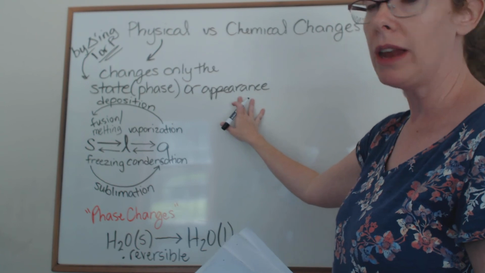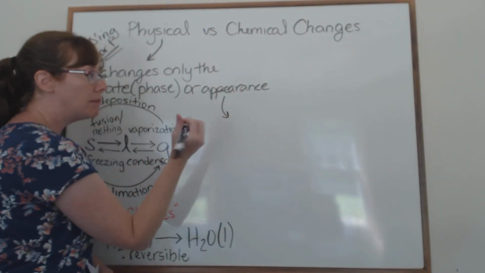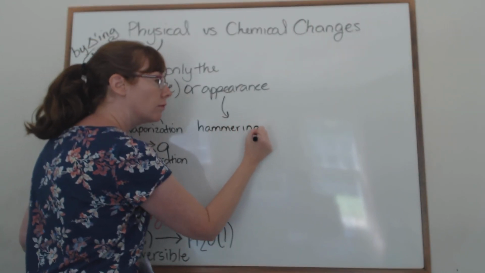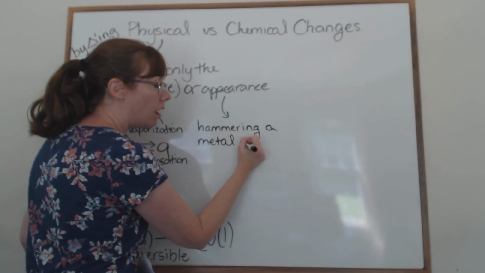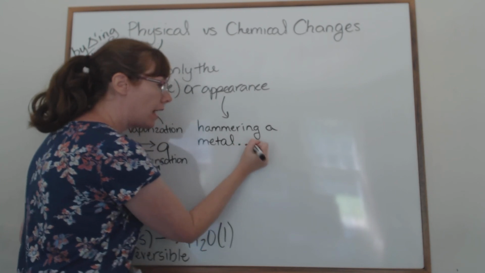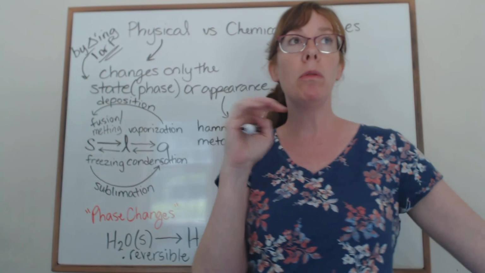Appearance. This is the other kind of word that we want to address real quick. This refers to something like hammering a metal. When you hammer a metal, if you were to hammer a nail, you will change its appearance. It will get more dull.